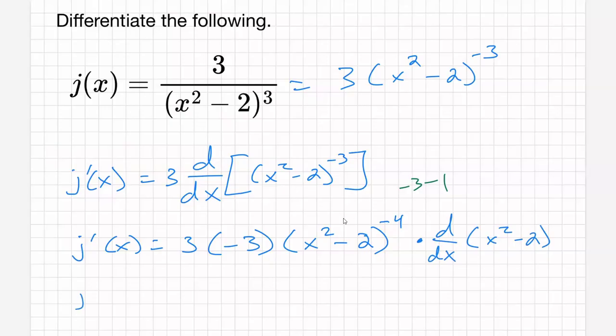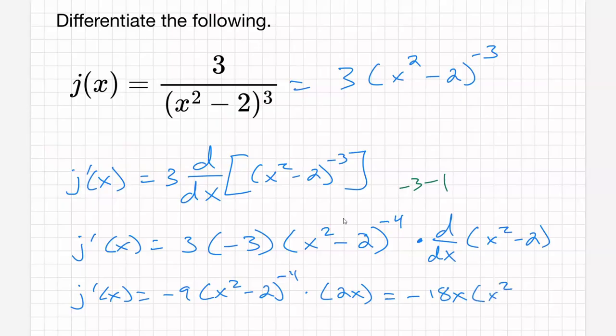So when we do that, we'll have j prime of x equals negative 9 times x squared minus 2 to the negative 4 times 2x, which we could write as negative 18x times x squared minus 2 to the negative 4 as an exponent. The chain rule is one of those that can be easily accidentally overlooked sometimes, so we have to be careful to watch for it, okay?